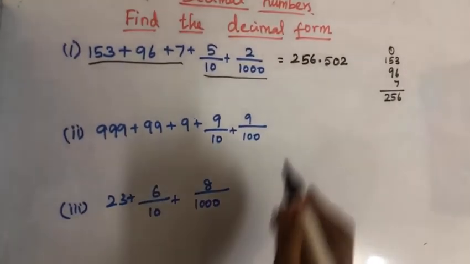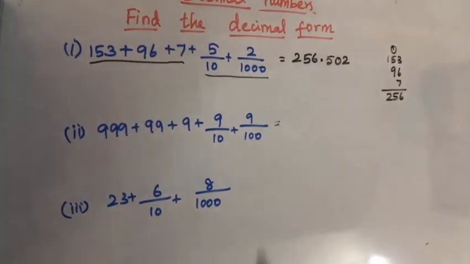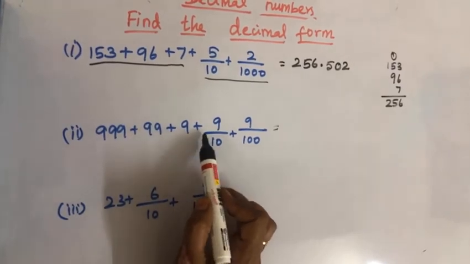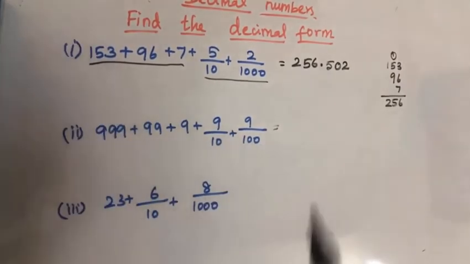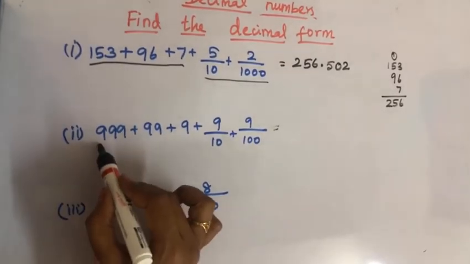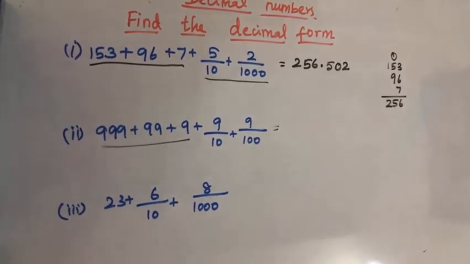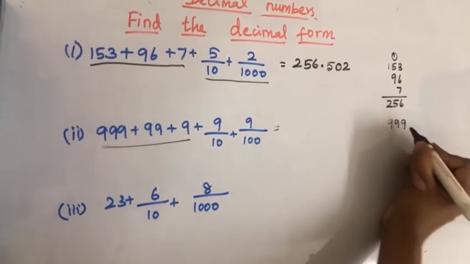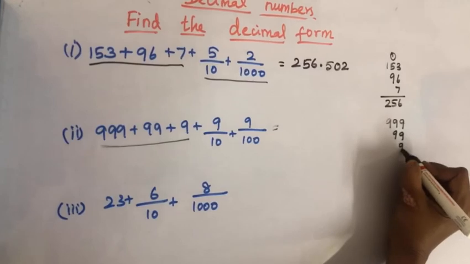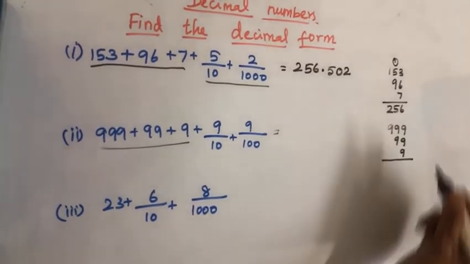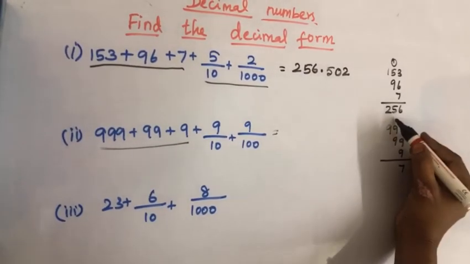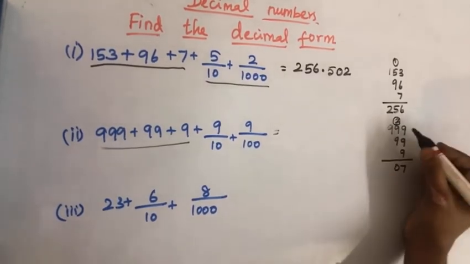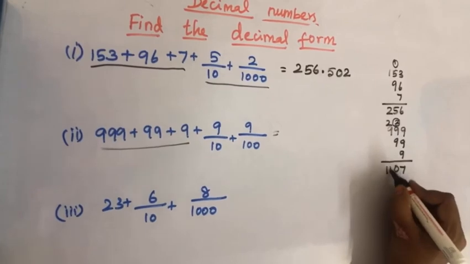Okay, so now here also 999 plus 99 plus 9 plus 9 by 10 plus 9 by 100. Here also these 3 numbers will form the whole number part of the number. So you have to add 999 plus 99 and 9. So you get 27, 7 remaining 2, 9, 9, 18 plus 2, 20, 0 remaining 2 and you will get 11 here.